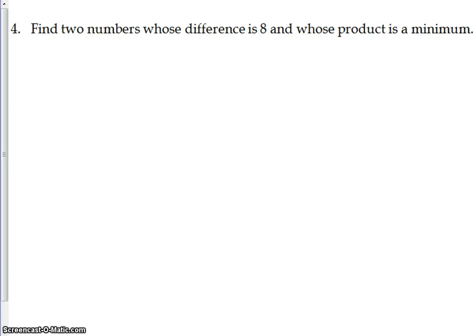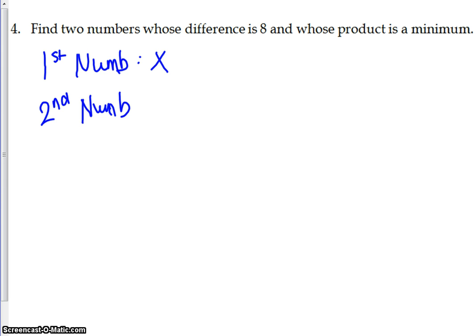Find two numbers whose difference is 8 and whose product is a minimum. So we have our first number and our second number. Now here, I don't think it matters which one I consider x. It just doesn't matter. This is almost one where we can make one x, one y to begin with.